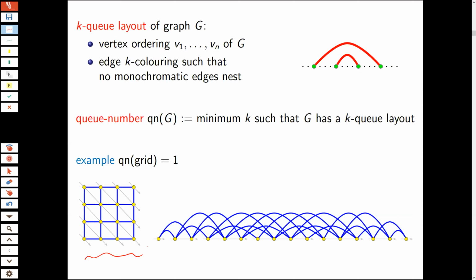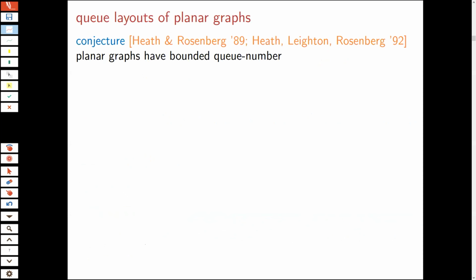So in fact, this grid graph has got Q number 1. So we know trees have Q number 1 and grids have got Q number 1. And this led to an open problem from the very first paper on this topic of Q number. Heath, Leighton, and Rosenberg conjectured that planar graphs have bounded Q number.